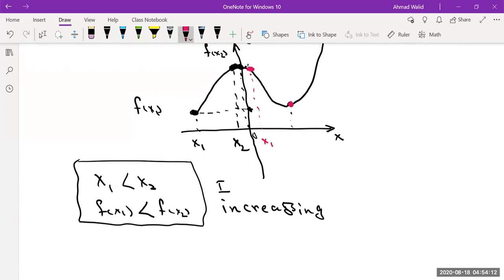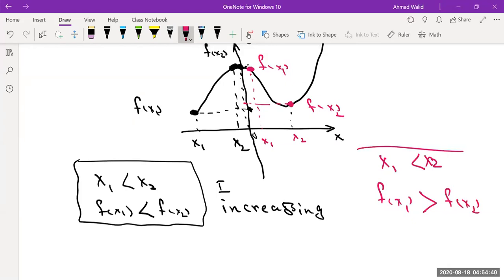This one is x1. This point is x2. Definitely your x1 is less than x2. But look here, this is your f of x2 and this is your f of x1. You can see easily that f of x1 is actually greater than f of x2.